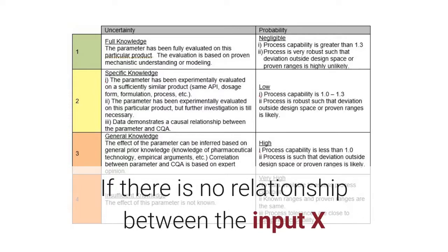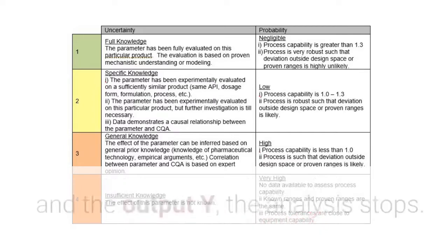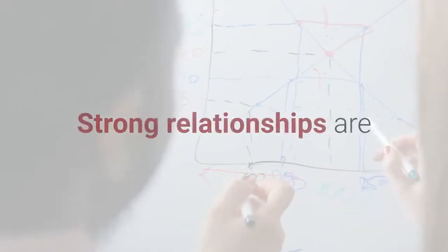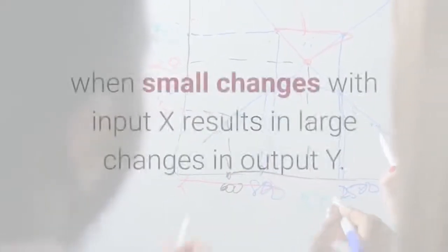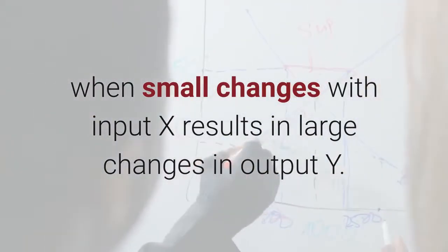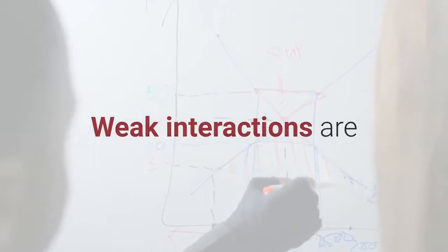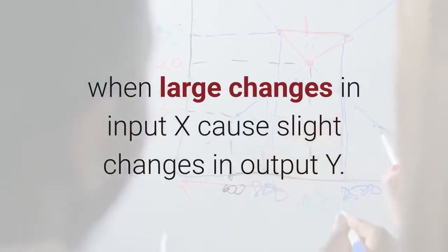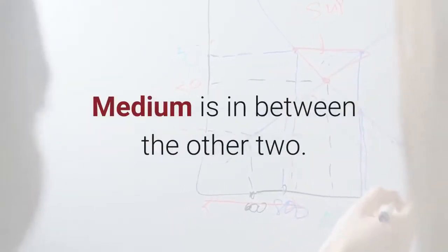If there is no relationship between the input X and the output Y, the analysis stops. Strong relationships are when small changes in input X result in large changes in output Y. Weak interactions are when large changes in input X cause slight changes in output Y. Medium is in between the other two.